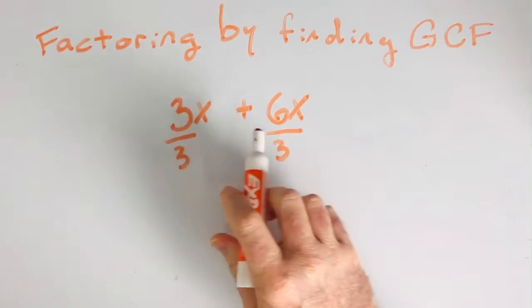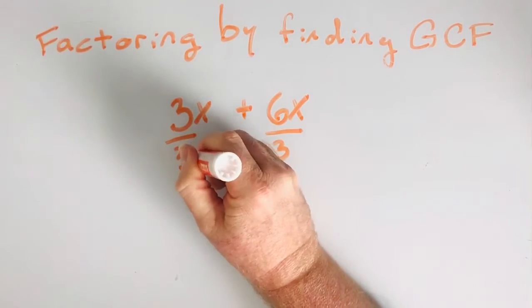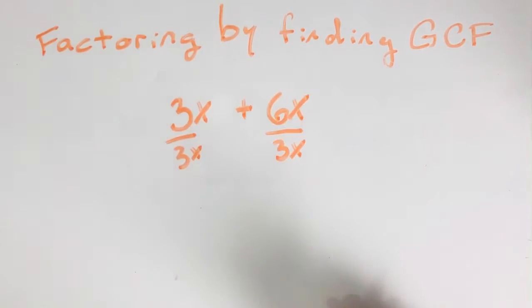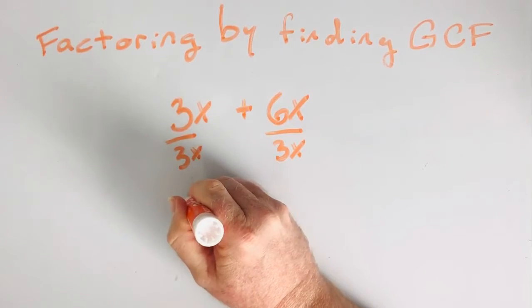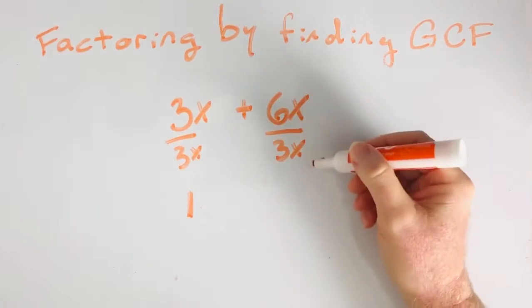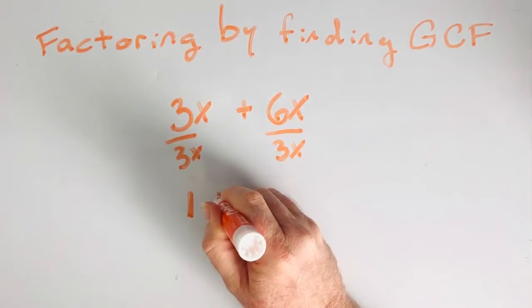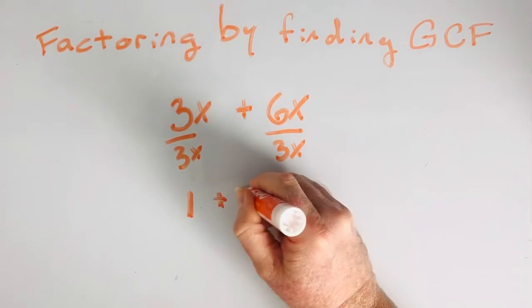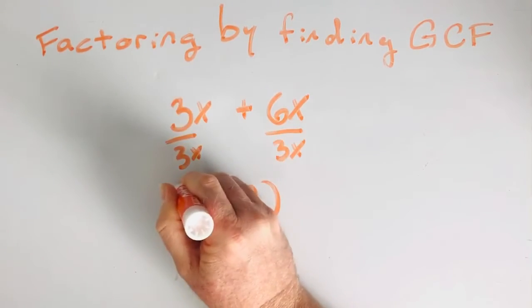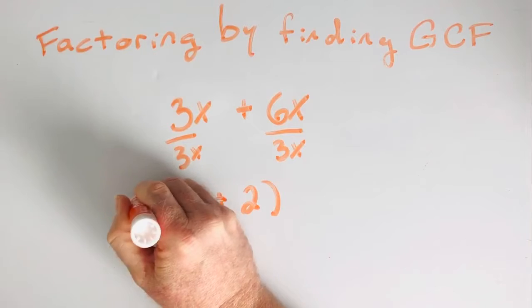But notice that they both have an x in them, and I can divide out an x as well. 3x divided by 3x is 1. 6x squared divided by 3x is 2x. So I factored out 3x.